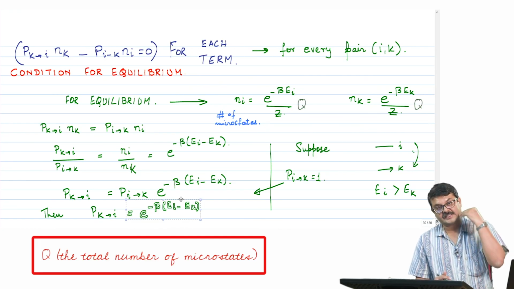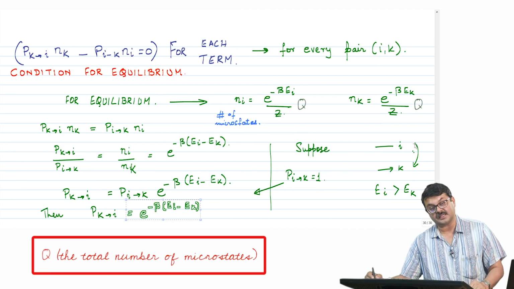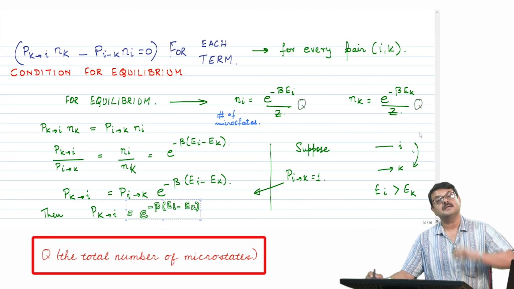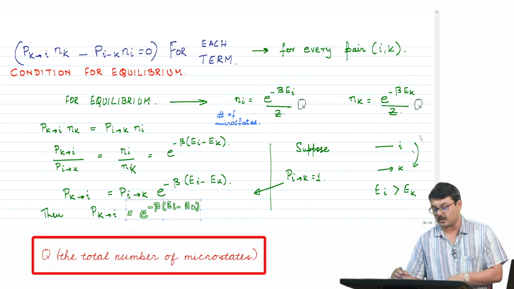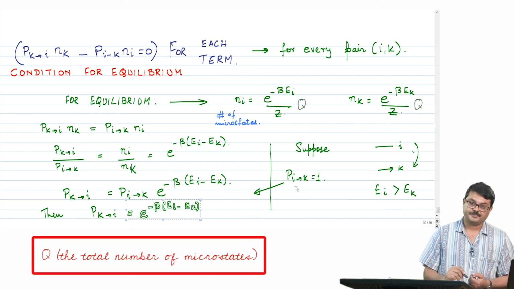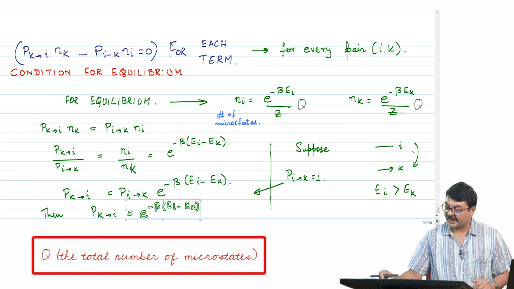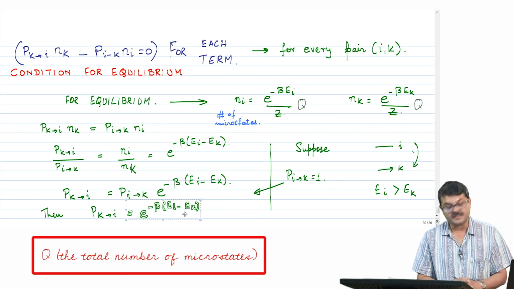Which means that if a microstate k is being accessed which is of lower energy than i, accept the transition, accept the spin flip with probability 1. Then between k and i, the probability of going from k to i is this, and that is exactly what we have implemented in our simulations.